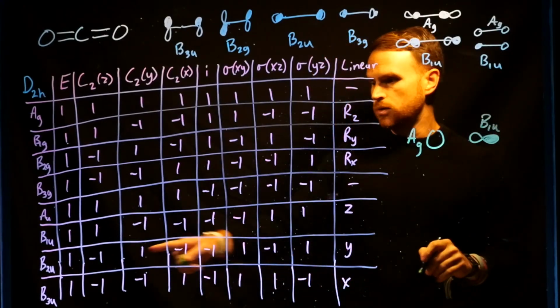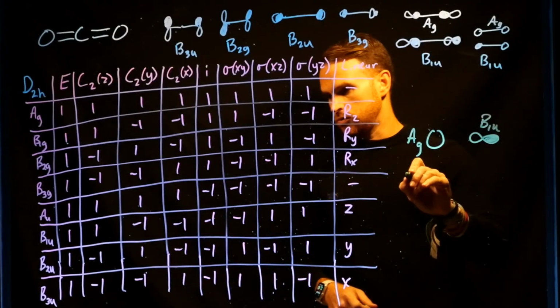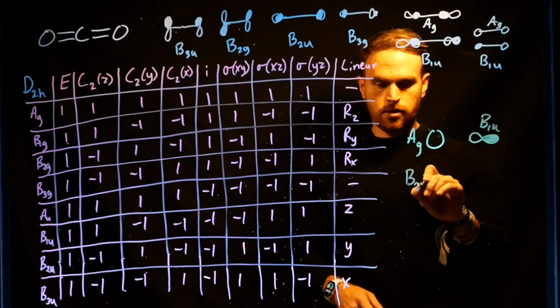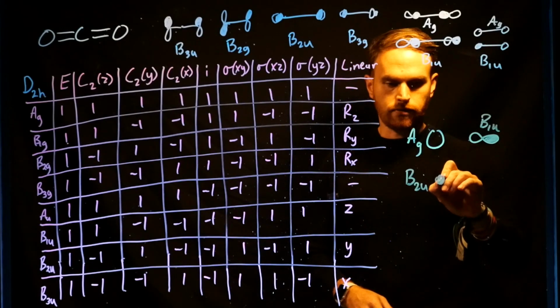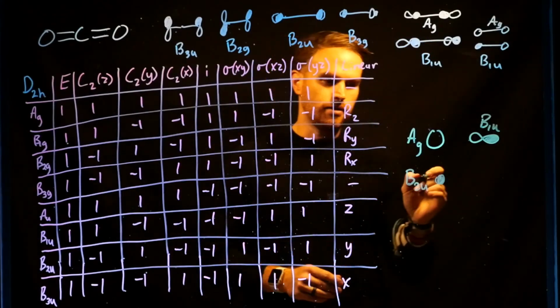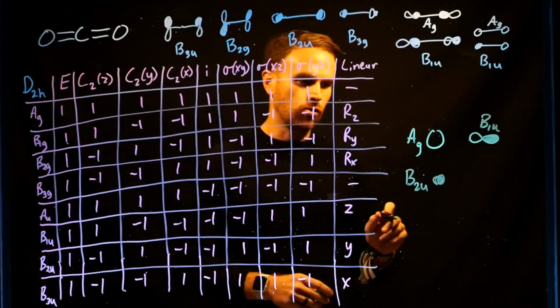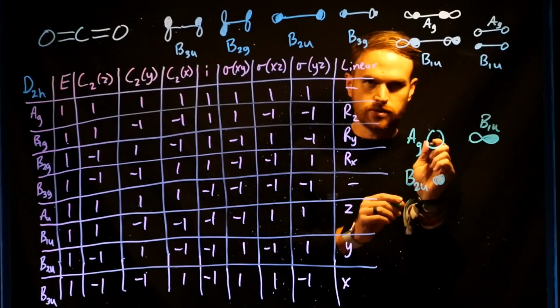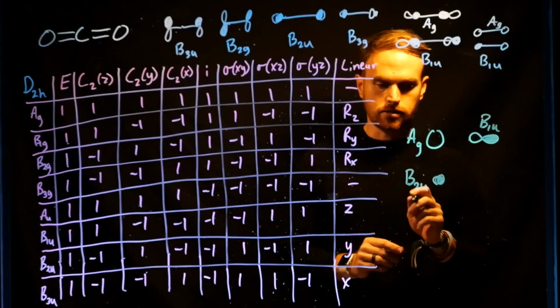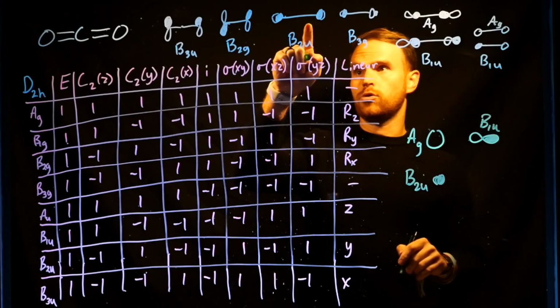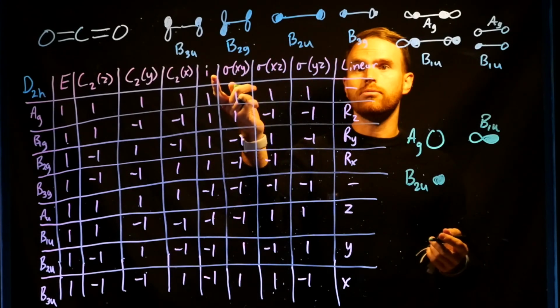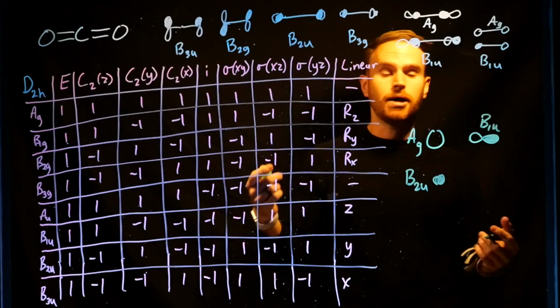Then I go to the py and see that that corresponds to the B2u. The py is going to be the one going into the board and out of the board, which I'm trying to draw in 3 dimensions, which is kind of difficult. But assume that one of the lobes is coming out of you and one is going back into the screen. So I see I can make a bonding interaction in here, and in fact, that's probably going to be the one that gives us one of our pi bonds, right?